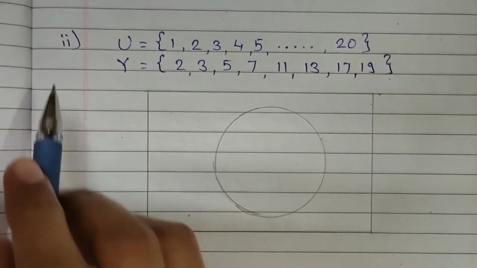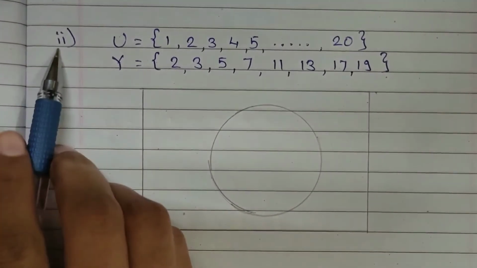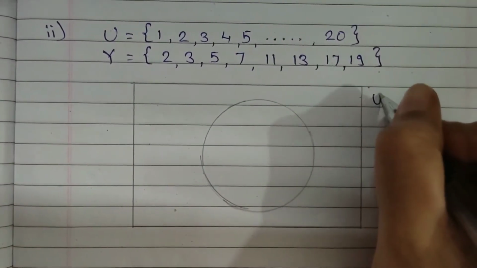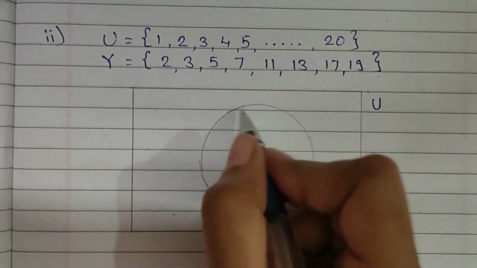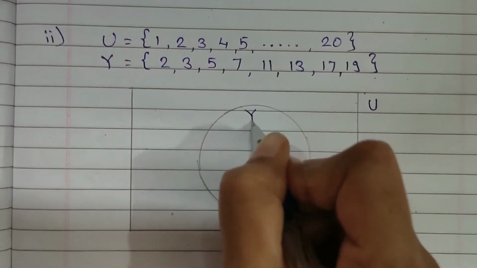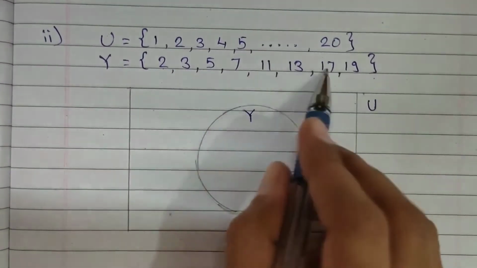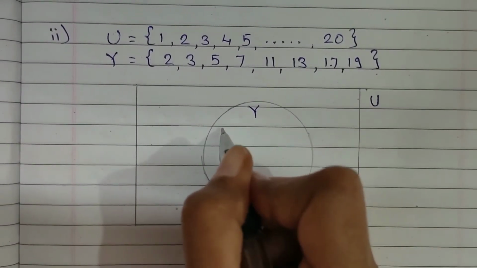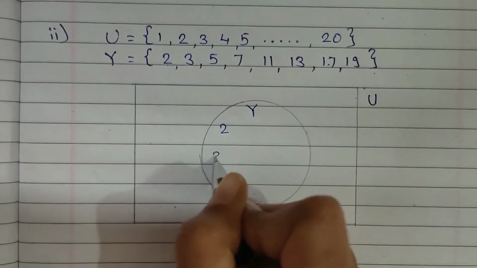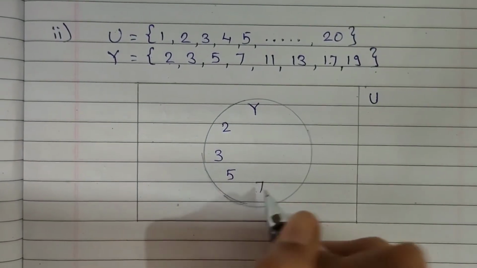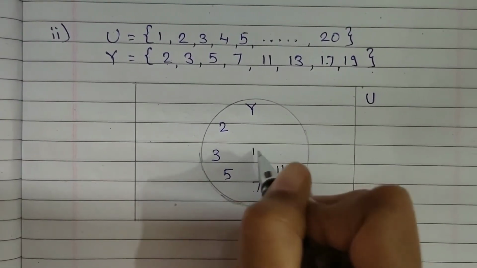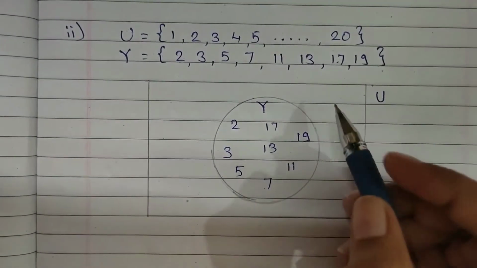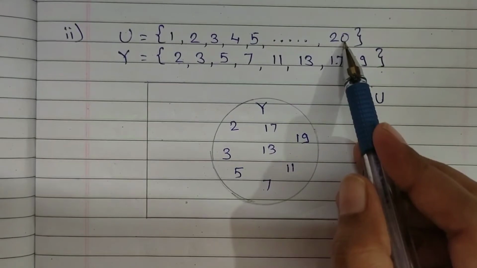In the same way we can draw the Venn diagram for the second question. First draw a rectangle, give the name capital U. This is set Y, and write all the elements of set Y in the circle. And be careful when you are writing the remaining elements of the universal set.